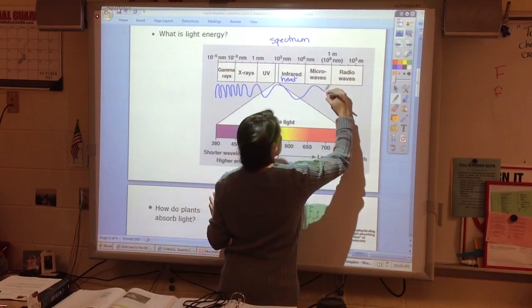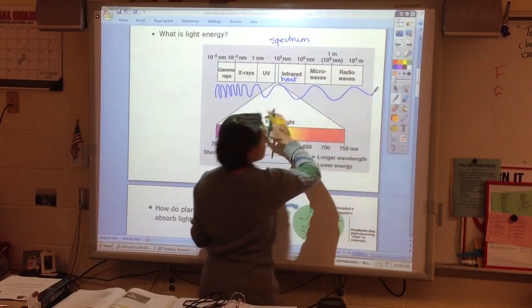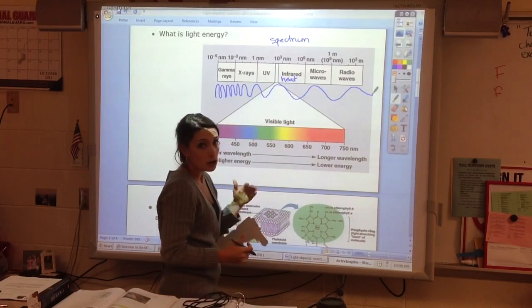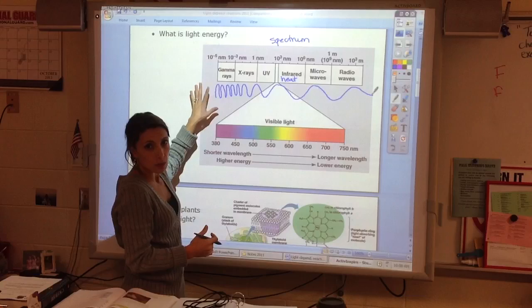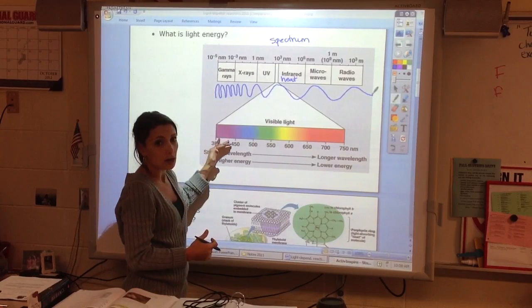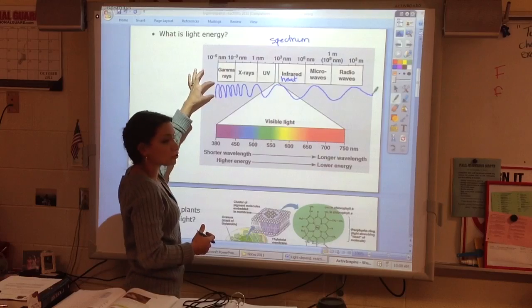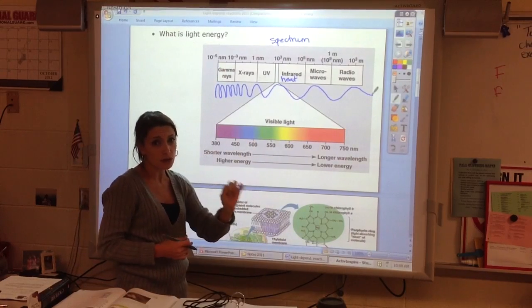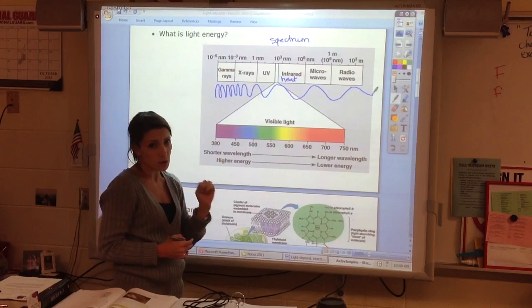And then what we see is that the wavelength gets longer, the distance between the wave gets longer. So this is how energy moves. So this is a lot of times considered electricity or energy can be seen in a wave formation or a photon, an individual unit formation.